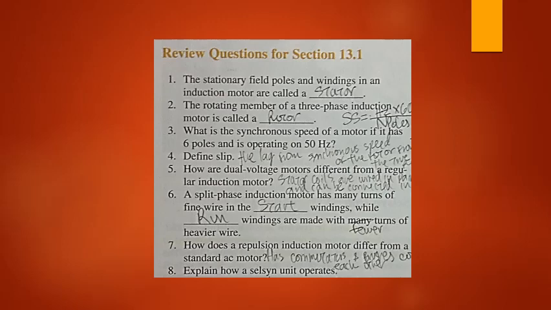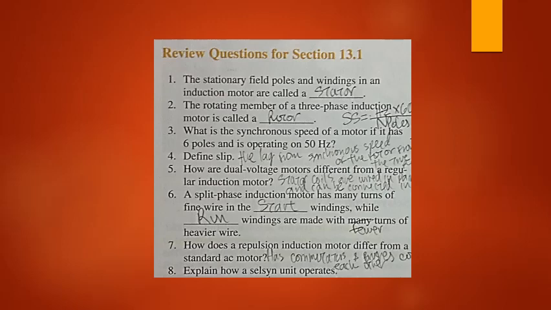Number 3. What is the synchronous speed of a motor if it has 6 poles and is operating at 50 Hertz? For that, we use the formula shown on the screen, top right, where the synchronous speed equals Hertz times 60 seconds, all divided by the number of poles.